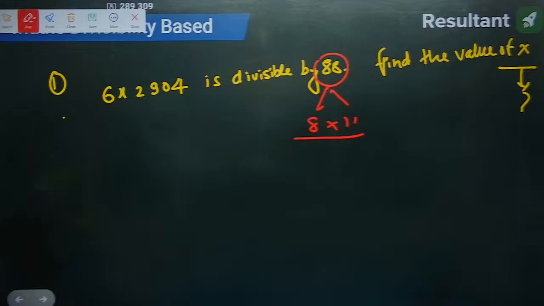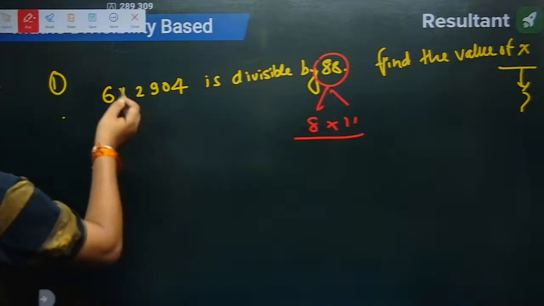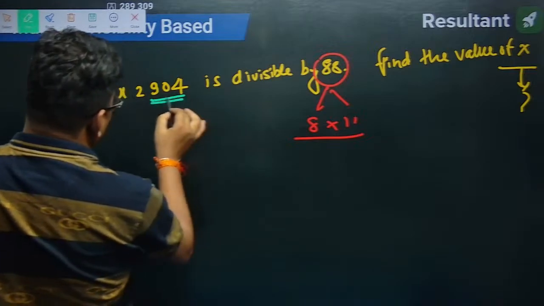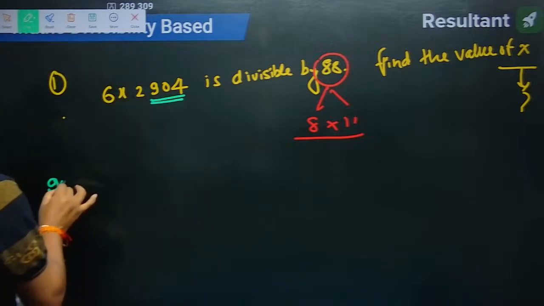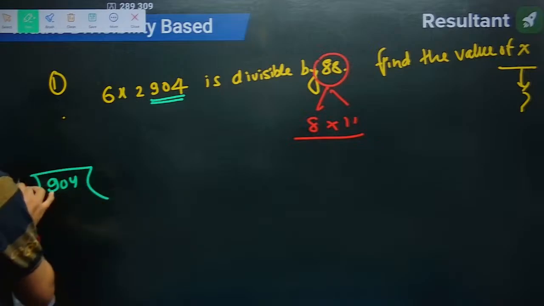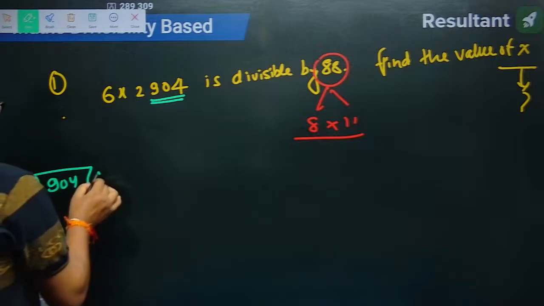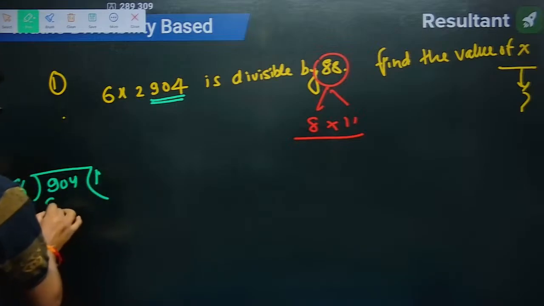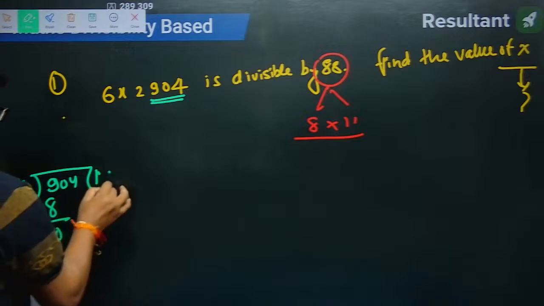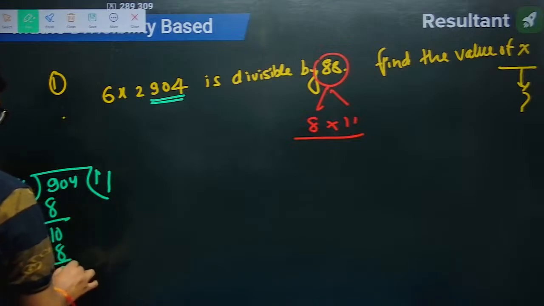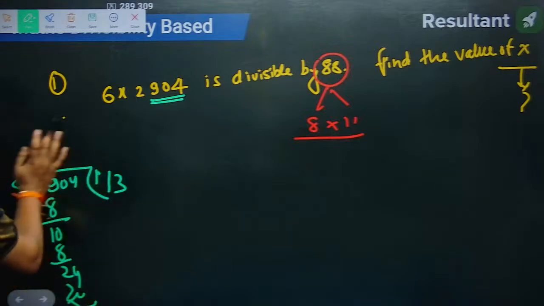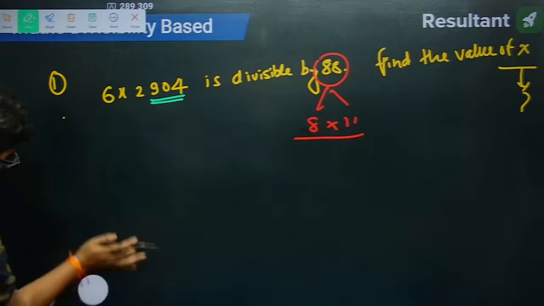The number is definitely divisible by 8, so we check that first. Now 904 divided by 8: 8 tens are 80, 8 ones are 8, becomes 113, and 8 threes are 24. Definitely divisibility of 8 is already working, so we can solve it by using 11 divisibility.